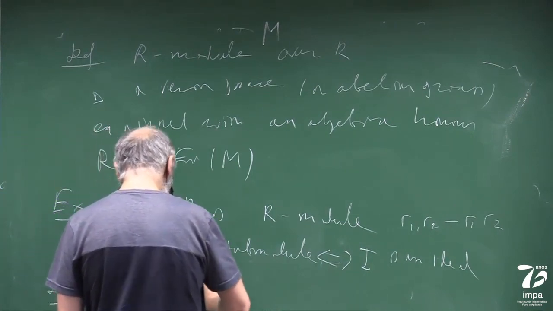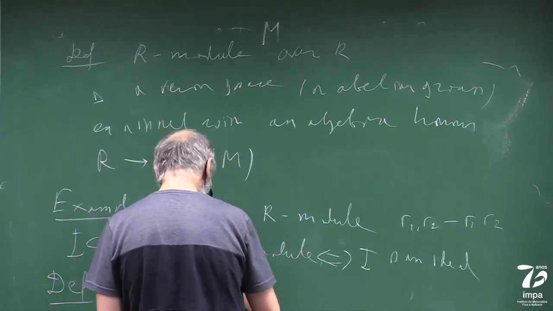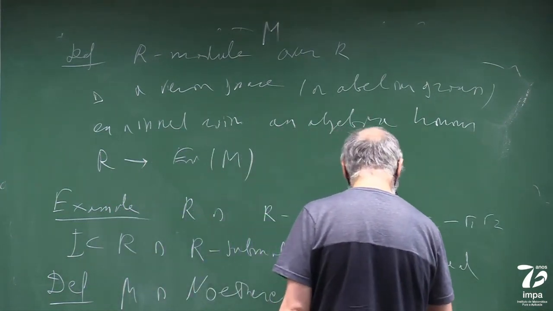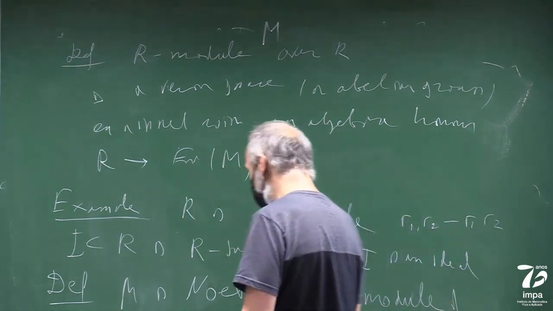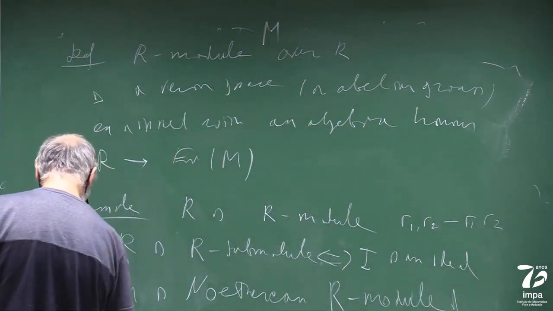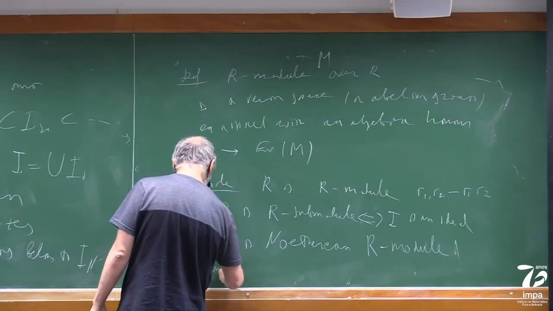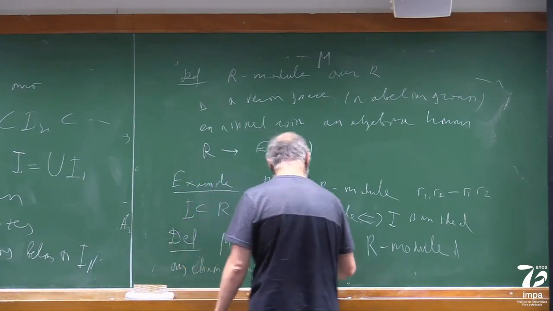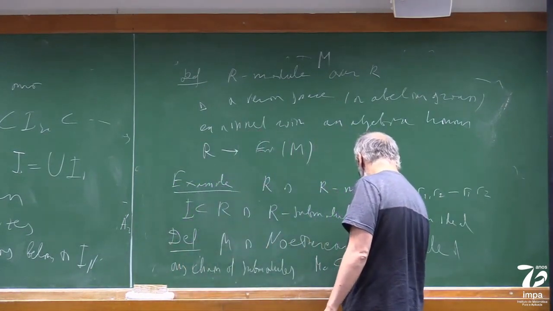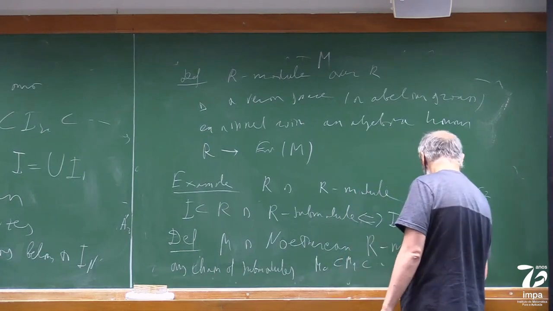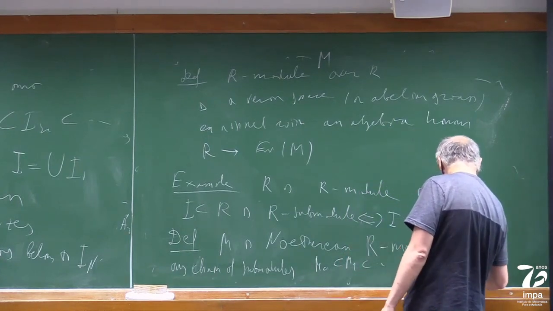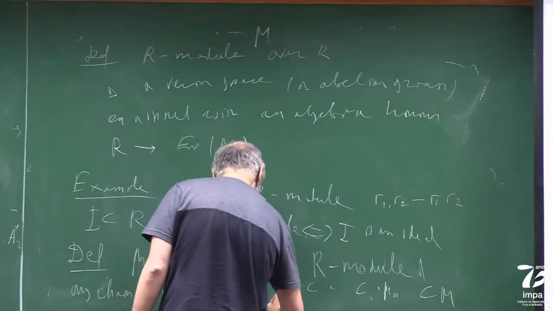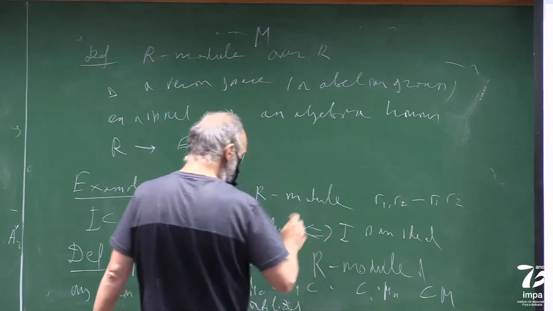M is a Noetherian R module if any ascending chain of submodules, M0 inside M1, inside and so on, inside Mn, and everything in M, we want to stabilize or terminate.